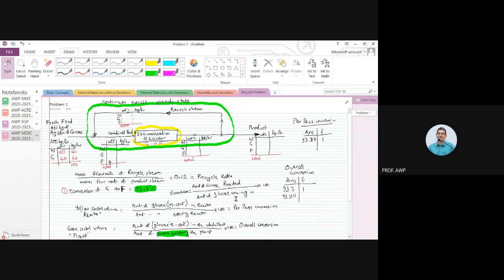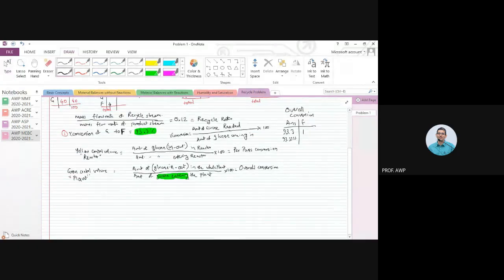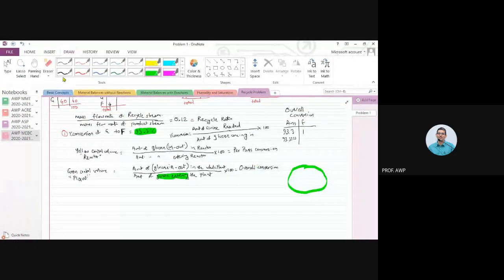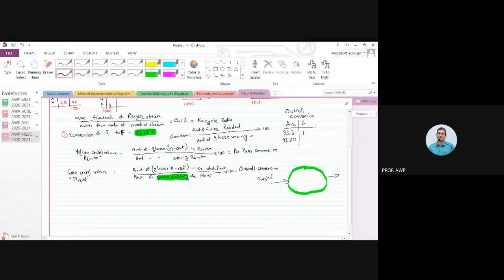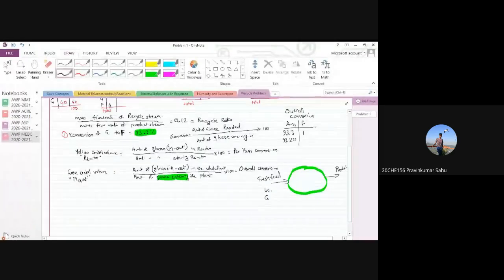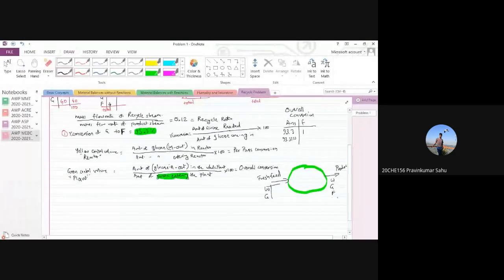So then tell me, if it is a green control volume, this is how your plant will look, isn't it? Yes, sir. So we have to take 40 from the fresh feed and the product finally we got is 2.667.